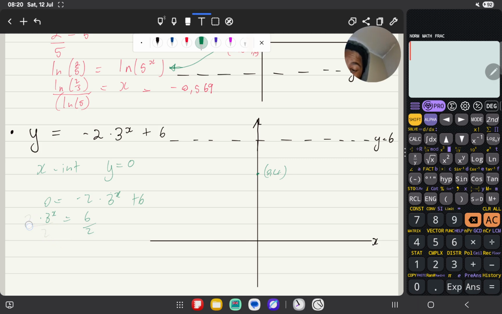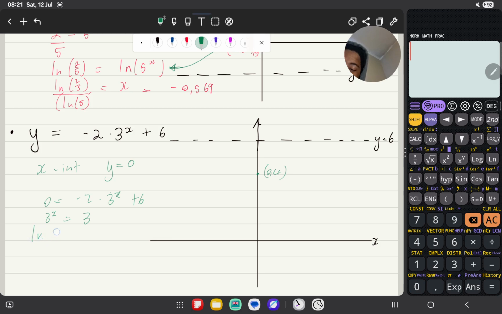Once you divide by 2, you're going to have 3 to the power of x equals 3, right? Here you don't have to use the ln rules, but of course if the bases are the same, the exponent has to be the same, right? But say for example, I'm going to use these ln rules to break this.